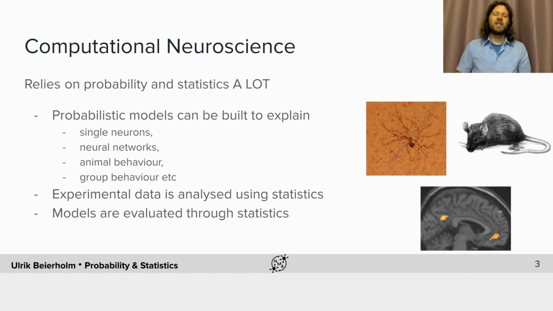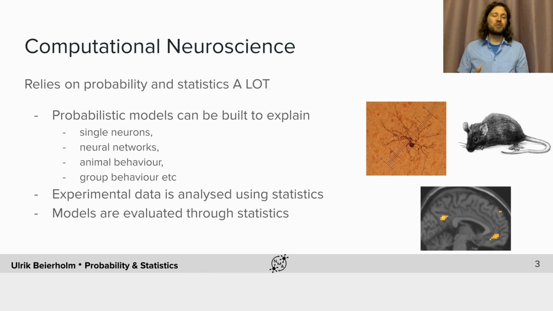So, in computational neuroscience, we rely on probability and statistics a lot. You can build up probabilistic models in order to explain things as diverse as single neurons, neural networks, animal behavior, groups of different animals or people, and it's an extremely useful tool for modeling.